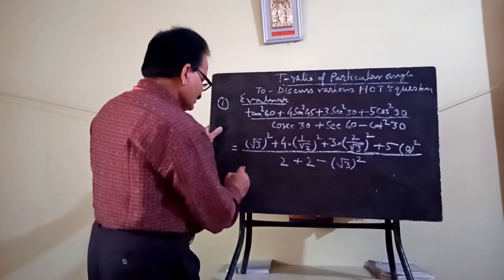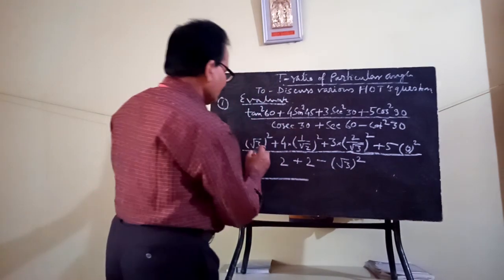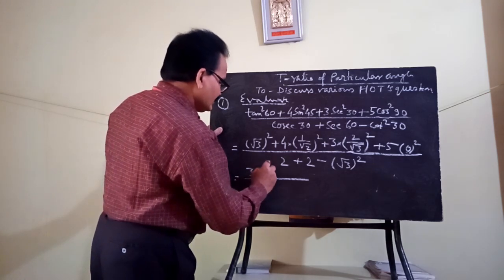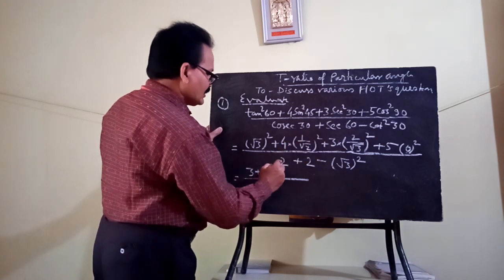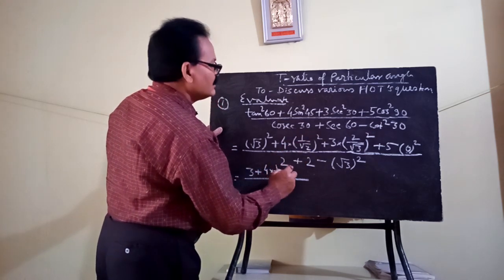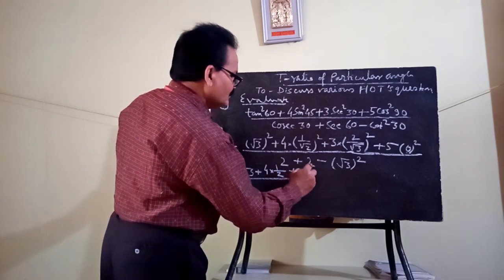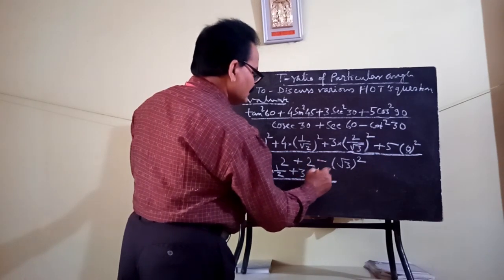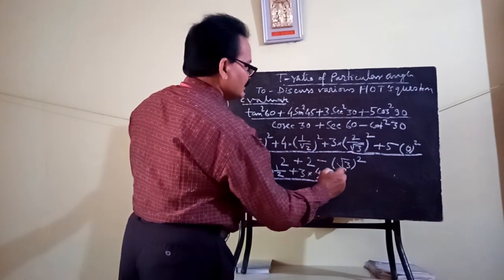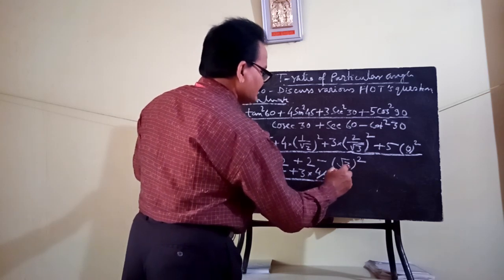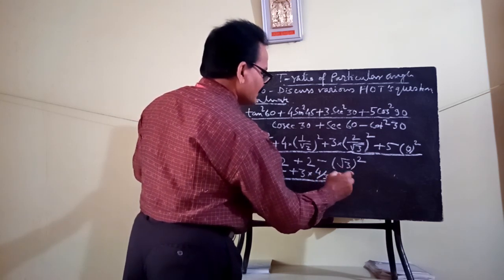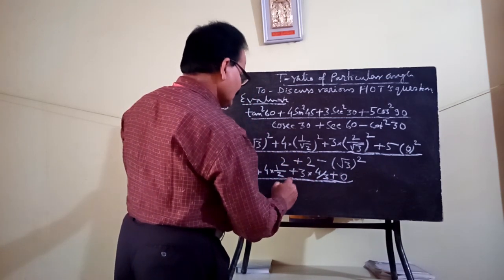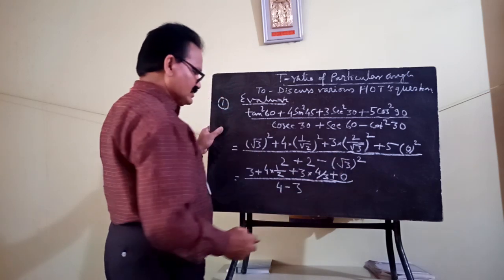Now you calculate. Root 3 square is 3, plus 4 into 1 by root 2 whole square means 1 by 2, then plus 3 into 2 by root 3 whole square means 4 by 3, then plus 5 into 0 means 0. In the denominator, 2 plus 2 is 4, minus 3, since root 3 square is 3.